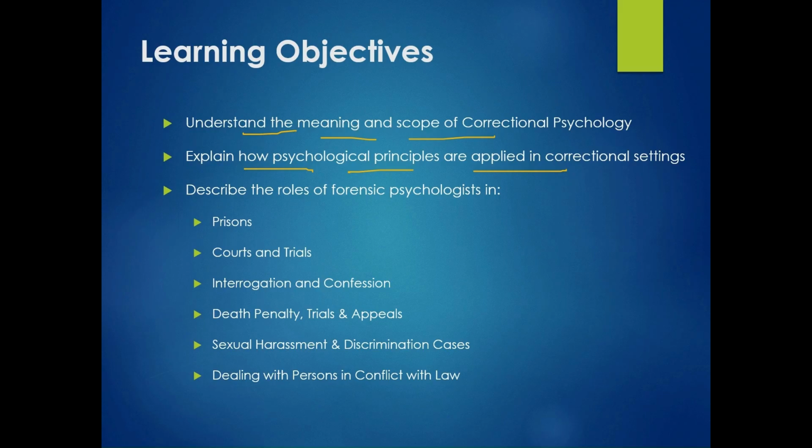And third, describe the roles of forensic psychologists in prisons, courts and trials, interrogation and confession, death penalty, trials and appeals, sexual harassment and discrimination cases, dealing with persons in conflict with law. So basically, think of this video as a journey through the criminal justice system guided by psychology.